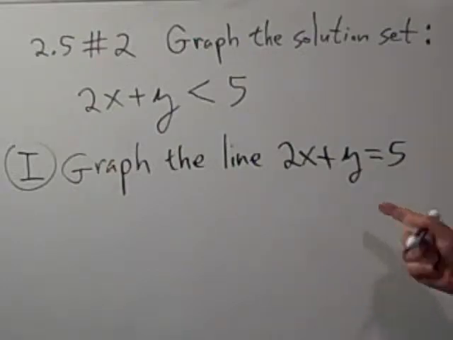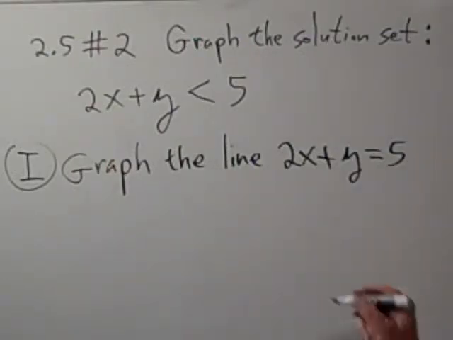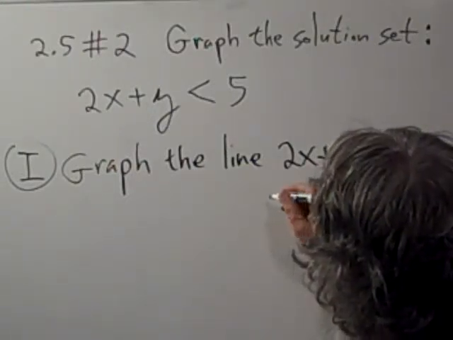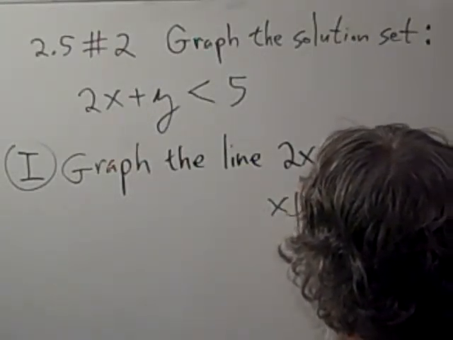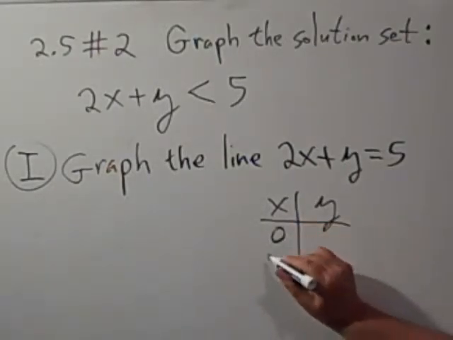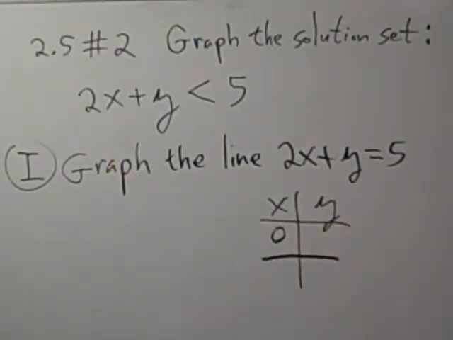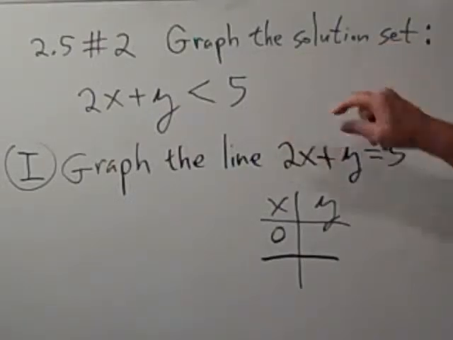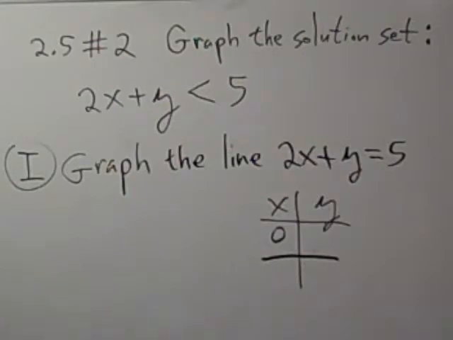Anyway, to graph a line, we just need 2 points on the graph. So we'll make a little xy pair here. And if x is 0, plugging in zeros is often the easiest thing to start. If you start off with x equals 0, then the x term disappears and you can see that y is equal to 5.